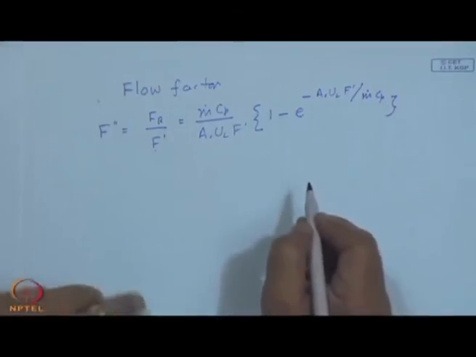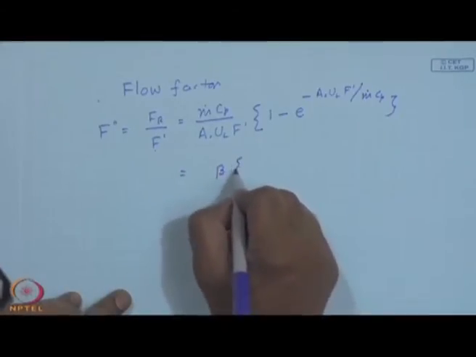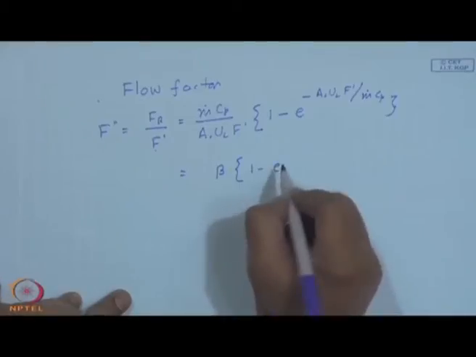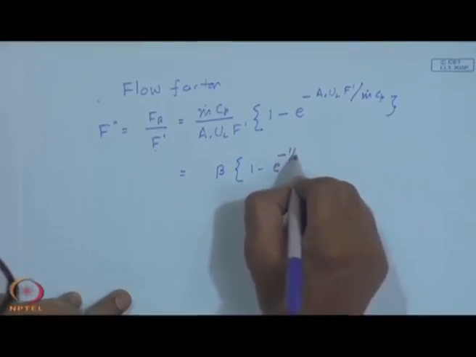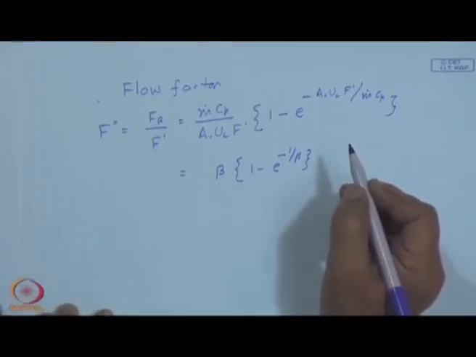So, if you look at this, this is nothing but some sort of a beta times 1 minus e to the power minus 1 by beta. So, obviously, this should be a non-dimensional quantity.